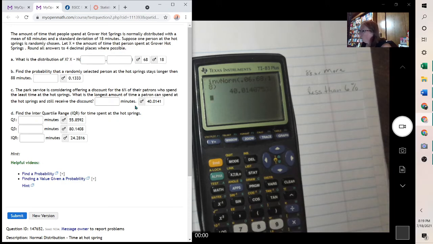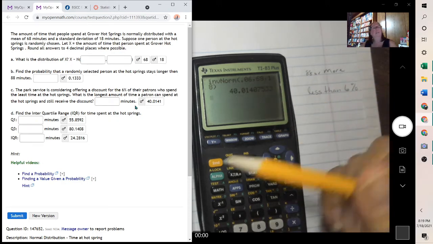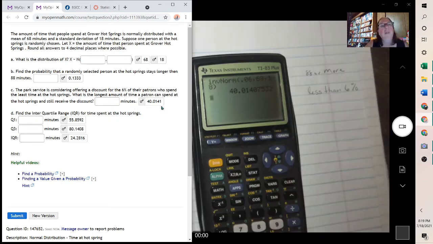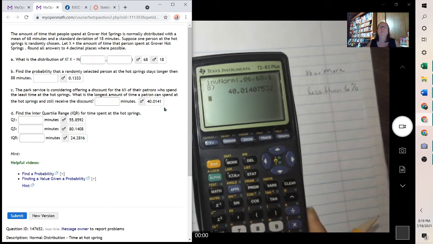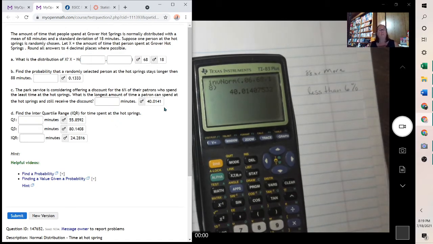And then hit enter, and it gives you 40. Now you should round, well, they're having you do decimals here, so 40.0141. Since here it says round all answers to 4 decimals.